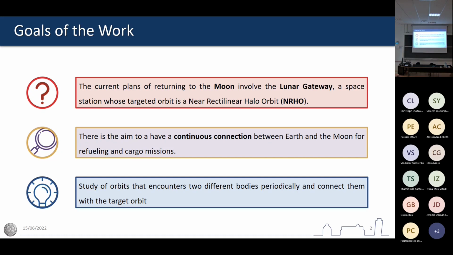And the idea of today is to use a resonance orbit plus manifolds plus Lambert arcs to continuously connect a station that is orbiting in the proximity of the Moon and the Earth.